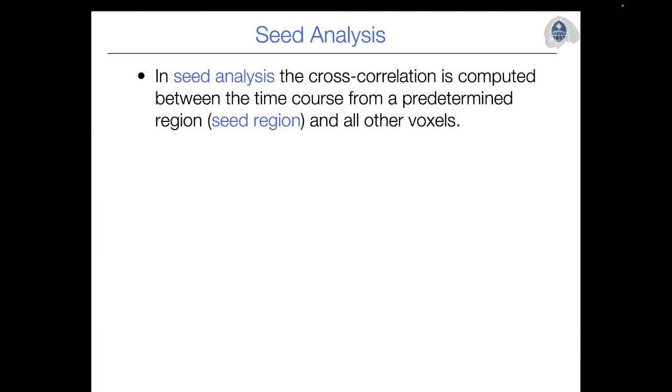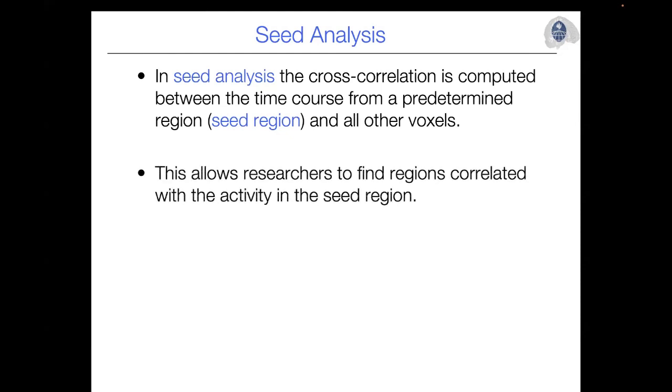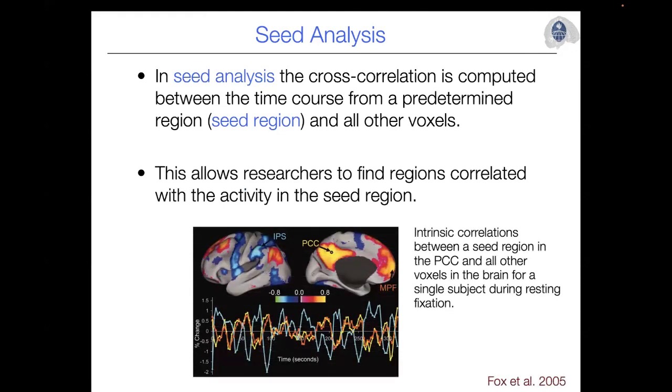Therefore you get a correlation value for each location in the brain, and you get hotspots for the regions that are highly correlated. This allows researchers to find areas that are highly correlated with activation in the seed region.